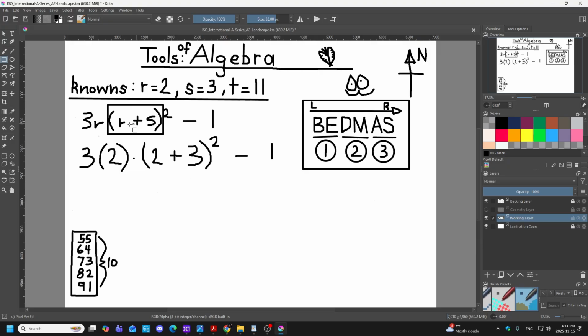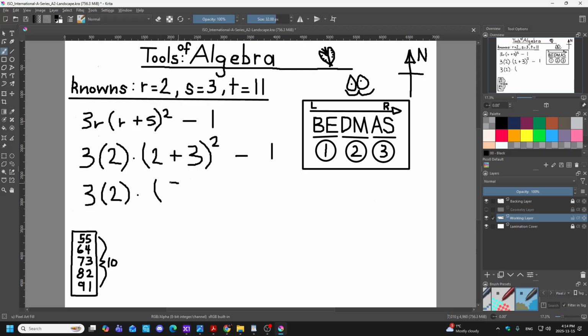Yes, we're multiplying this to this, but the squared is only for whatever's inside the parentheses. So we have to do the work. I'm trying to be kind of adamant and clear about this with you guys and gals. So let's get rid of the exponent first.